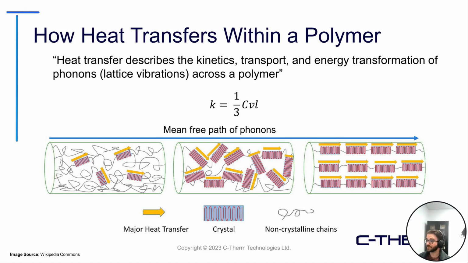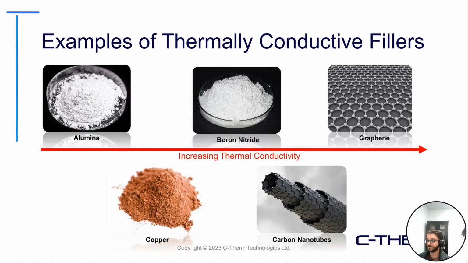But of course, like I mentioned, there is also the aspect of adding conductive fillers to your material. Some common ones we have on screen are alumina, copper, boron nitride, various forms of carbon, and graphene materials. If you're looking into the literature, these are some common materials used.